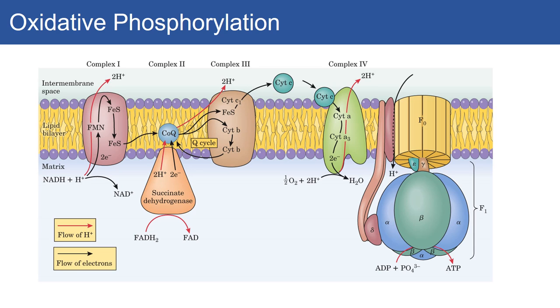Oxidative phosphorylation happens on the inner mitochondrial membrane. That's an important understanding. The mitochondria has two membranes, an outside membrane and an inner membrane, where there's a matrix, and this happens on the inner membrane, into the intermembrane space.